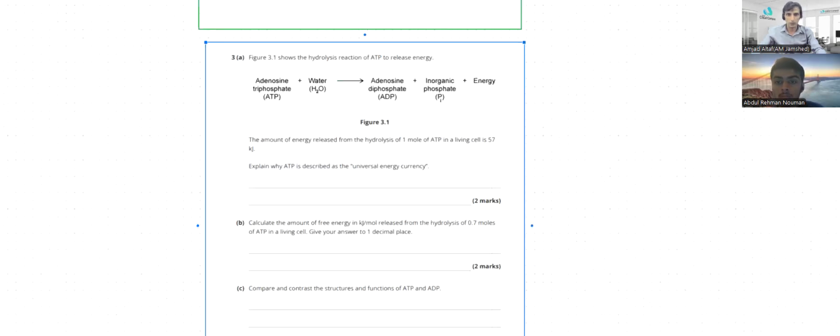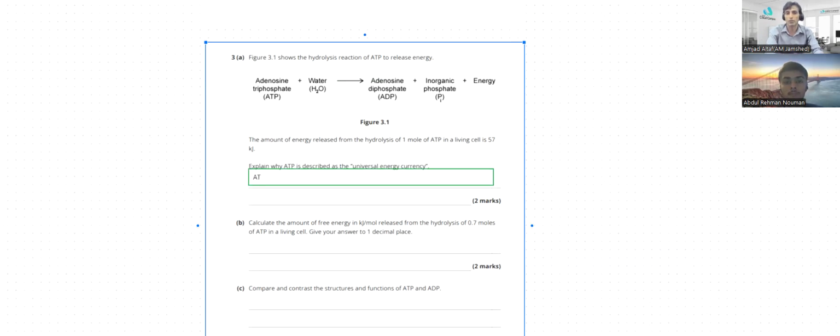Here is figure 3.1, which is showing you the hydrolysis reaction of ATP to release energy, right? The amount of energy released from the hydrolysis of 1 mole of ATP in a living cell is 57 kilojoules. Explain why ATP is described as the universal energy currency.